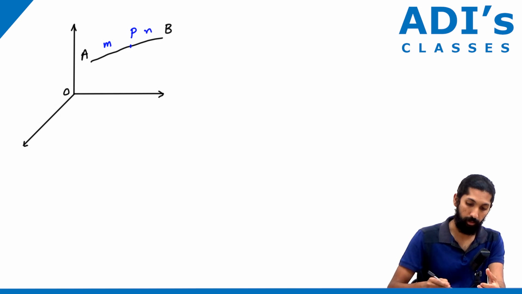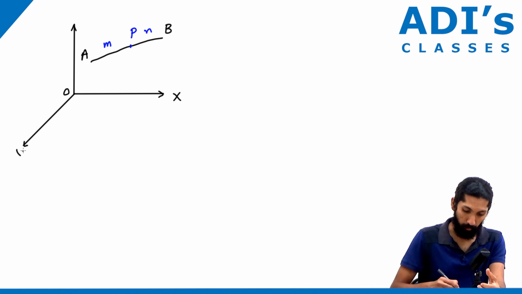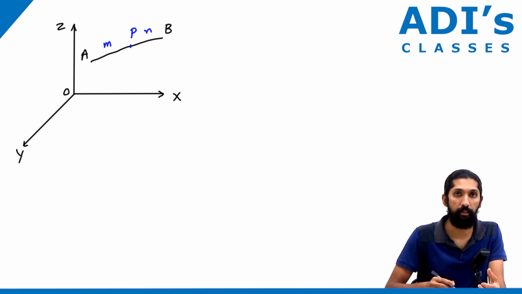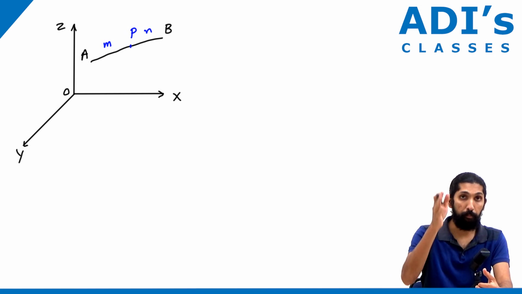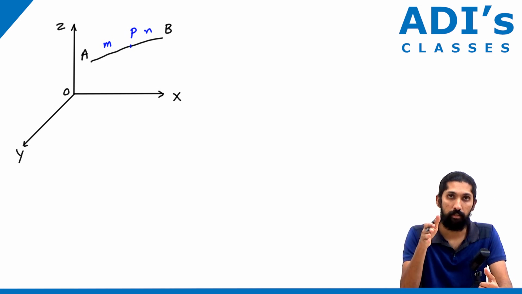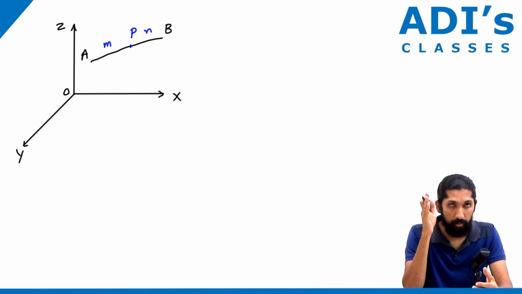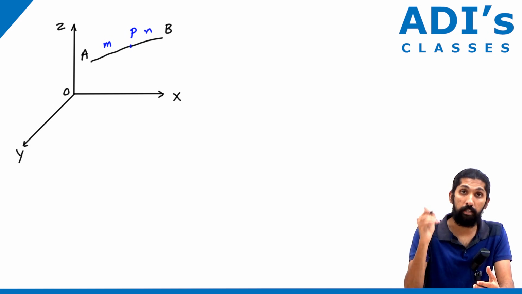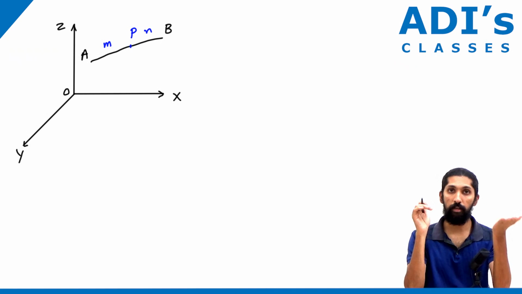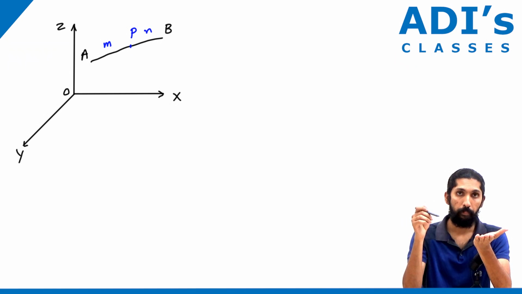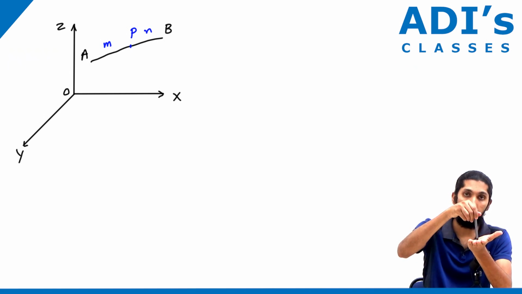Now what we do here, generally we take it as x-axis, y-axis, z-axis, correct? Now, perpendicular to the z-axis on the xy plane. Okay, I'll repeat this again. Perpendicular to z-axis on the xy plane. In the sense, suppose this is the xy plane, then perpendicular to the xy plane.